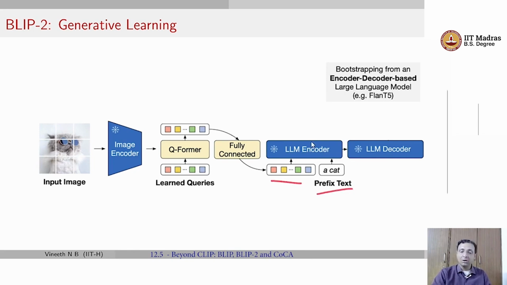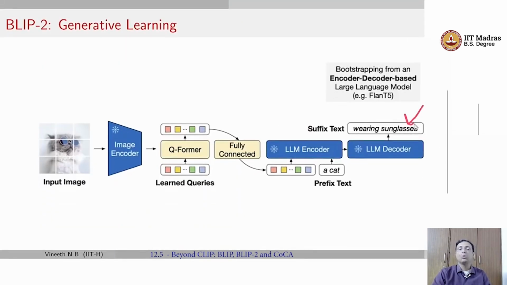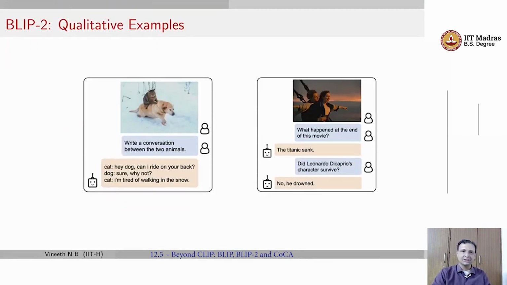The LLM encoder then forwards this to an LLM decoder, and this then outputs wearing sunglasses, given that a cat was the prefix text to prompt the model. For this, they use a FLAN T5 encoder decoder model to perform their studies. That's the overall architecture of BLIP-2, and here are once again some qualitative examples.